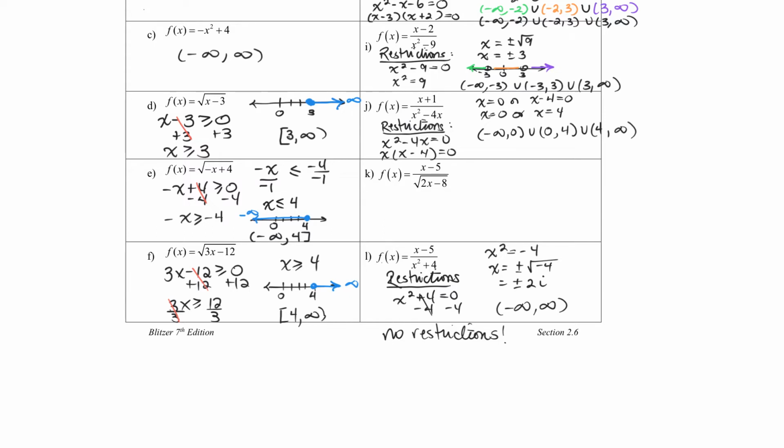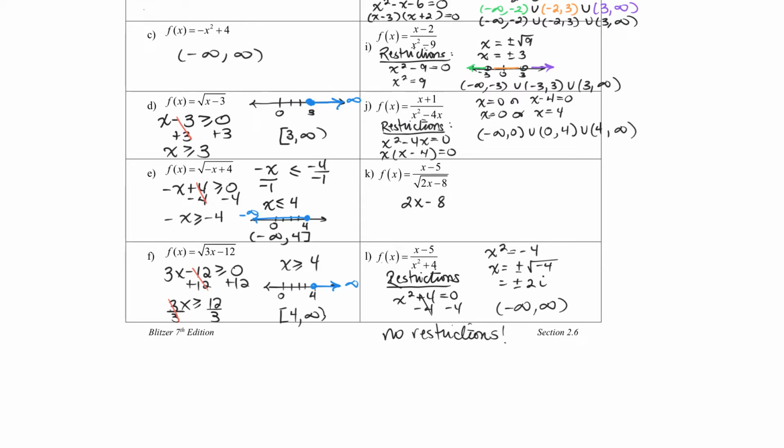All right, so let's go back up to K, because this one is just a little bit different, right? I have a radical and a variable in the denominator, so I have two issues. Now, I'm going to go ahead and solve for the domain instead of solving for the restrictions by noting that if it was just the square root of 2x minus 8 and I was finding its domain, I would need for 2x minus 8 to be greater than or equal to 0.